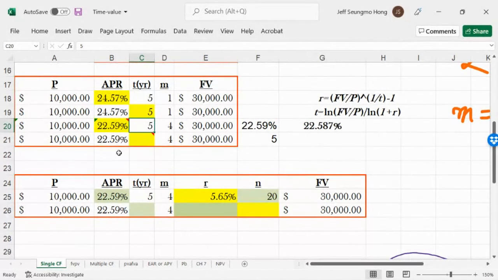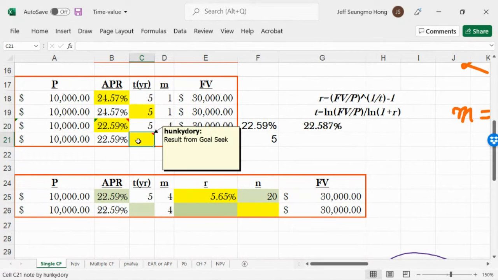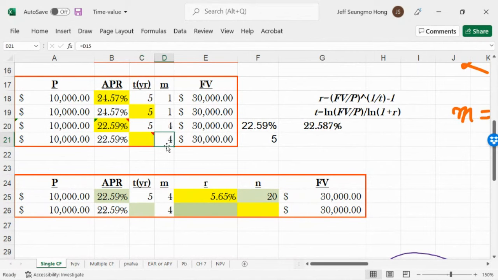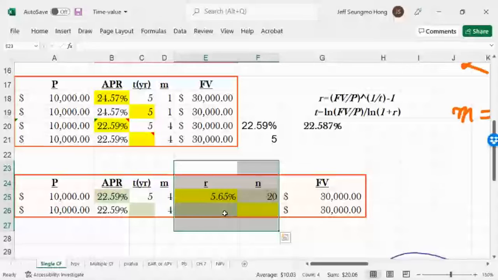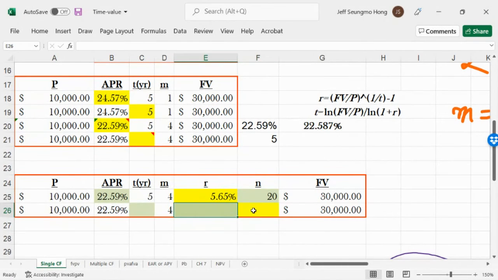Then next, this one is more complicated because the compounding frequency is quarterly. So for that, I would like to do it this way. I told you, the simpler the model, the better it is, right? If ever there's an error, it's easier to fix. So all you need is just 2 more columns for periodic rate R and N, the actual number of compounding.